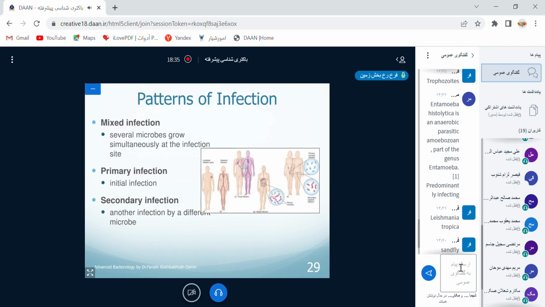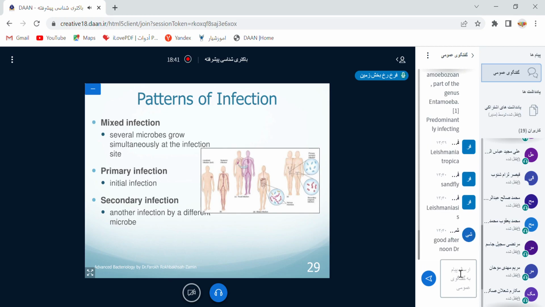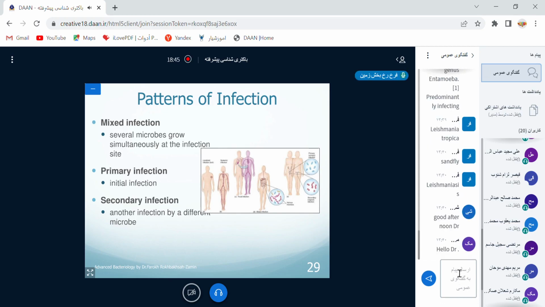Leishmania tropica produces leishmaniasis because it likes the coldest part of the body. Where is the coldest part of the body? Skin. Skin is the coldest part of the body. So Leishmania tropica remains in the skin, not going to the deeper parts of the body.